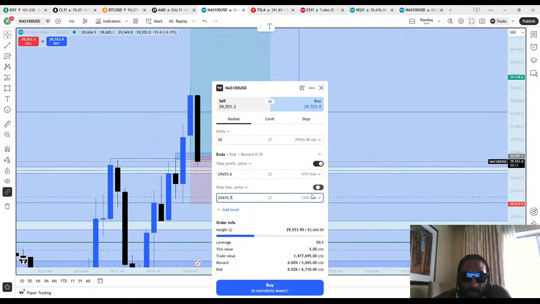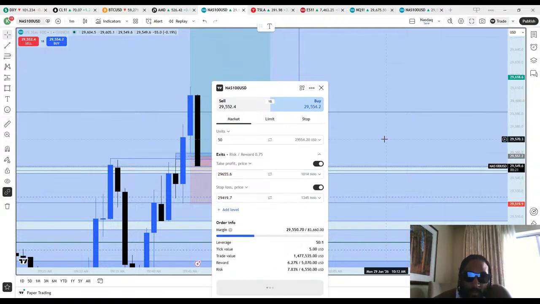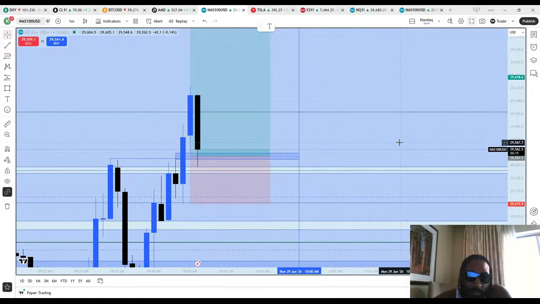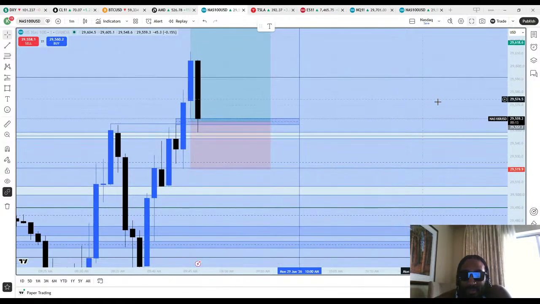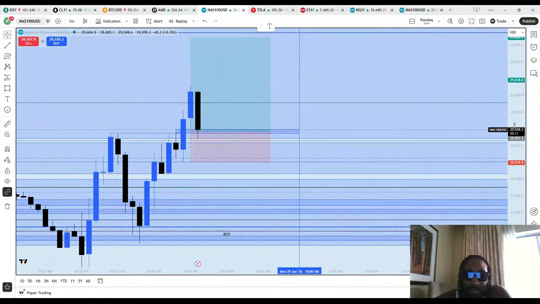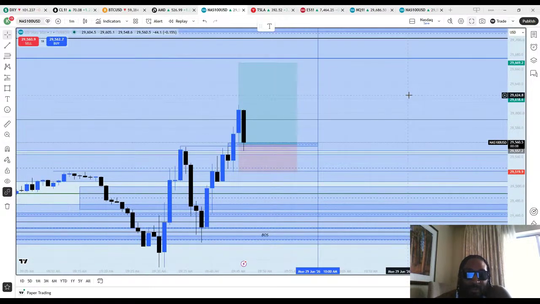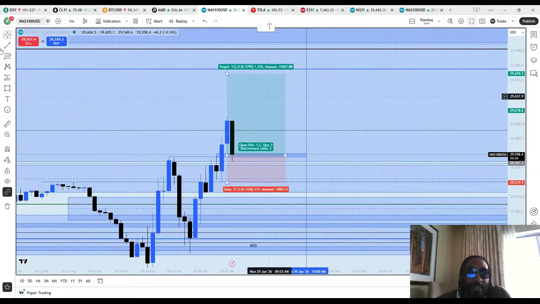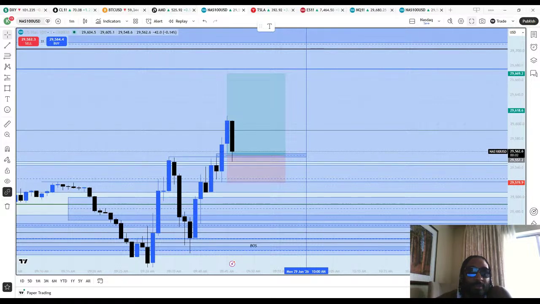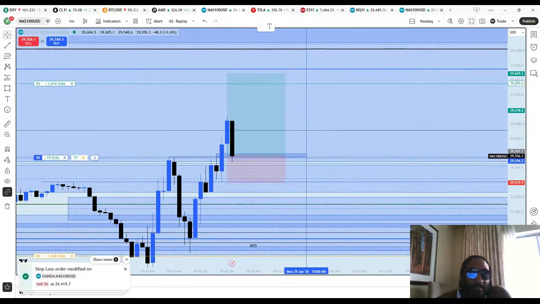Hold on. TradingView be a little slow, man. TradingView be a little slow. Come on, throw the trade on there. Stop playing. I gotta wait for TradingView to catch up real quick. There it goes.